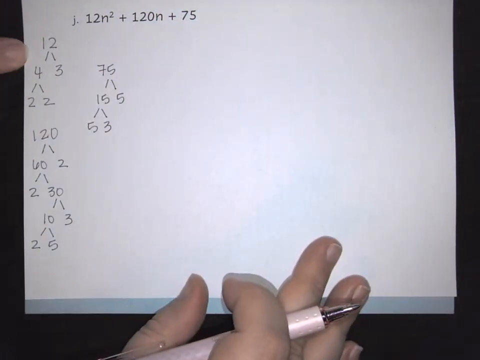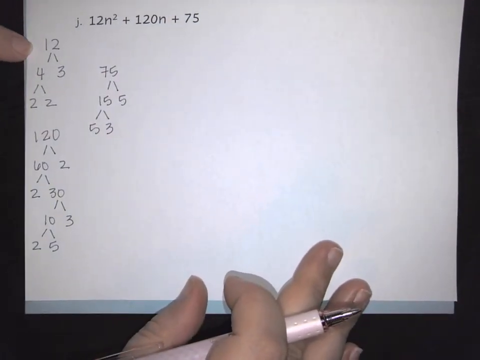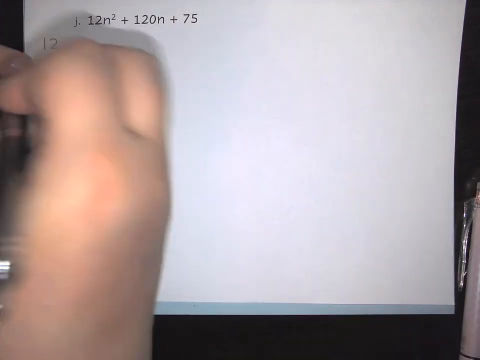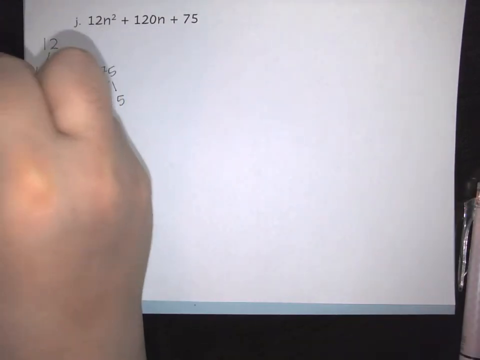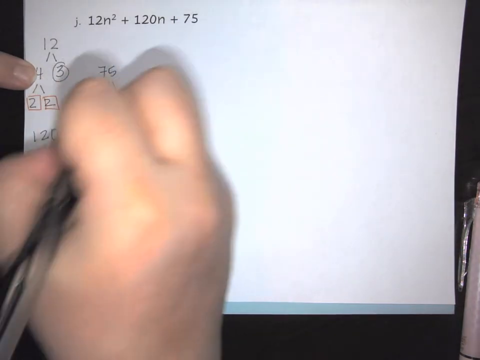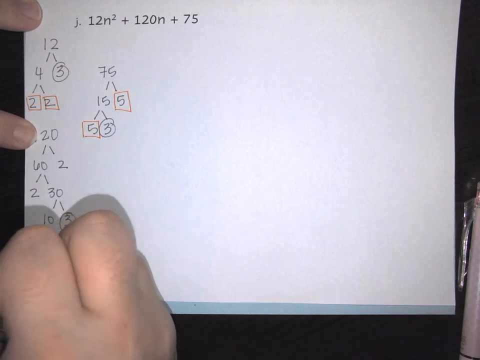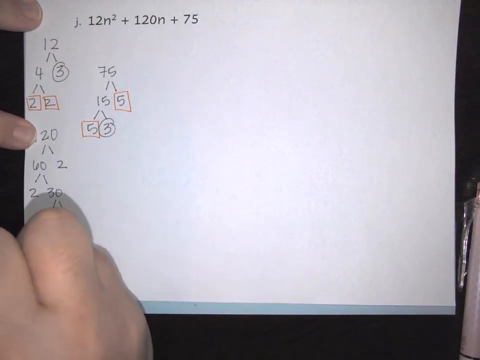So again, looking at all of these, I need to find the ones that are in common. And I have a 3 that shows up in all of them. And then I have leftover pieces. So here I've got 2 and 2. Under 75, I've got a 5 and 5. Under 120, I have a 5 and a 2.